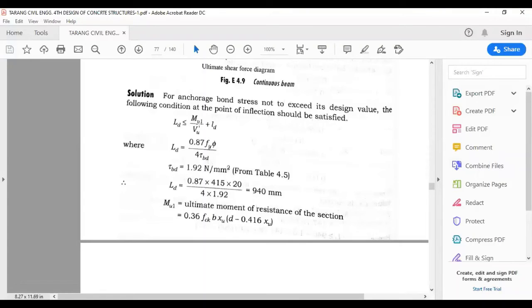Now coming to MUL, this is the ultimate moment of resistance of the section. As we know, it is given by the formula 0.36 FCK B XU multiplied by D minus 0.416 XU.